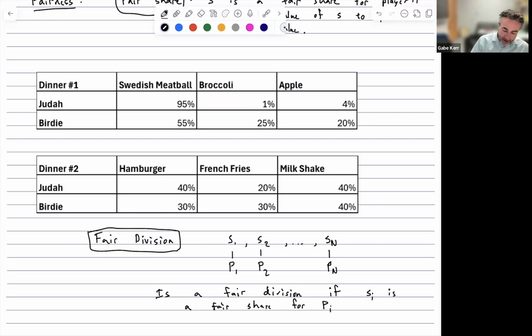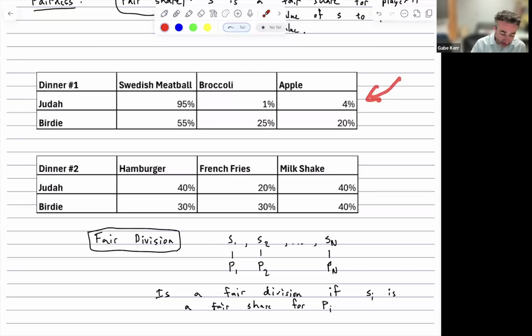So again, I want to look at these two dinners that I made, and I want to see, can I get a fair division of the dinners, right? So I have a Swedish meatball, I have a piece of broccoli, and I have an apple, and I'm going to try to feed my children. So can I do that in dinner one and get a fair division of my very highly cooked dinner?